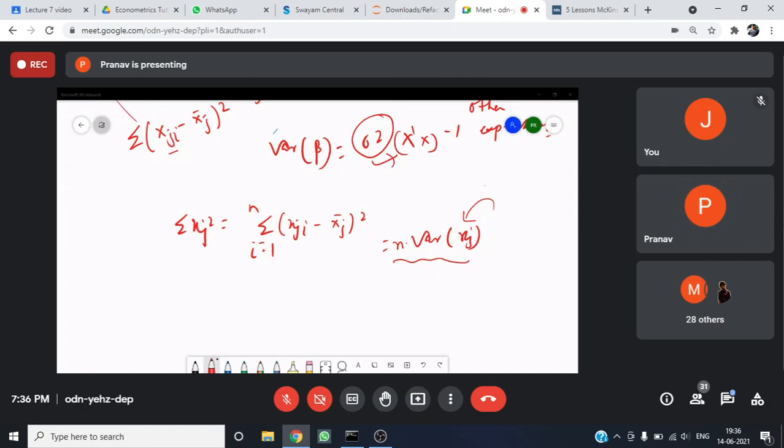This whole divided by n will give you the variance of xj.